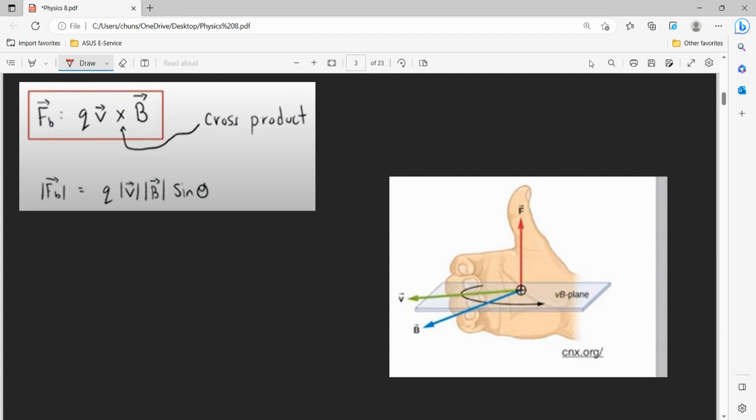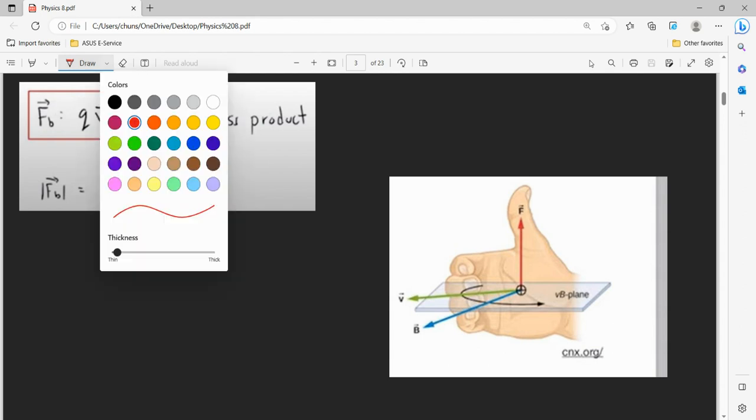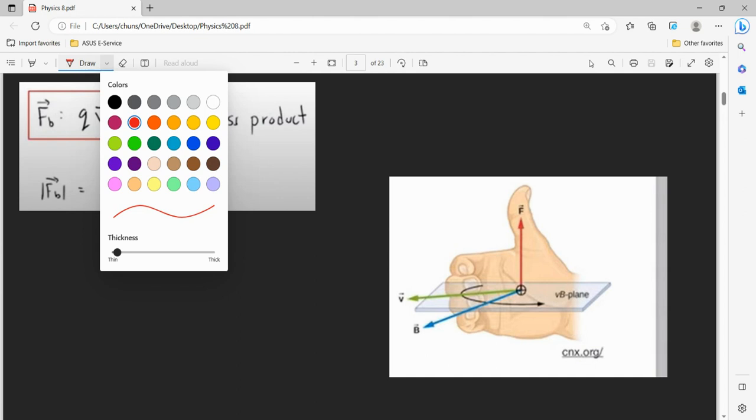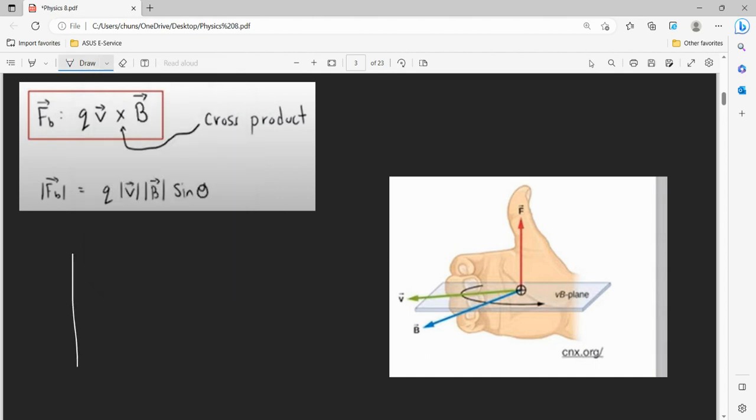So next we're going to talk about how we can find our magnetic force caused by our field, represented with this equation here. This is F_B equals q times v cross B. And we determine the cross product using this method, where our v_i, v_j, v_k components would be here, and our B_i, B_j, and B_k components would be there, right?